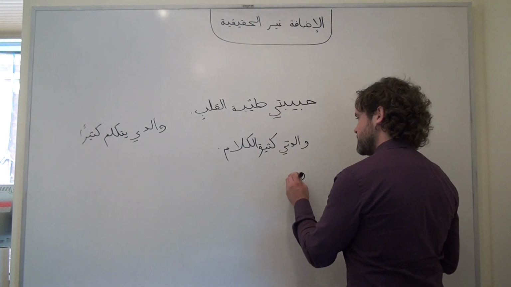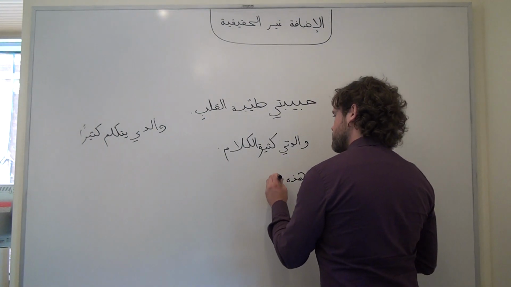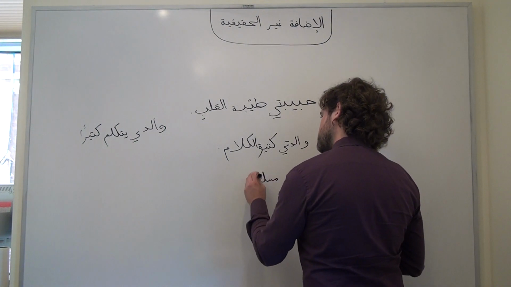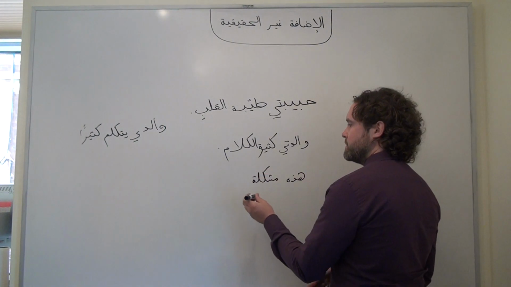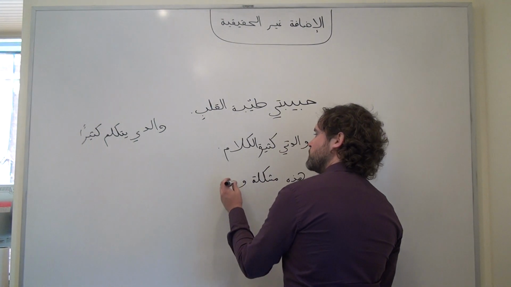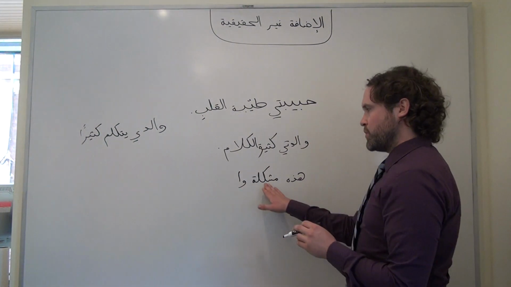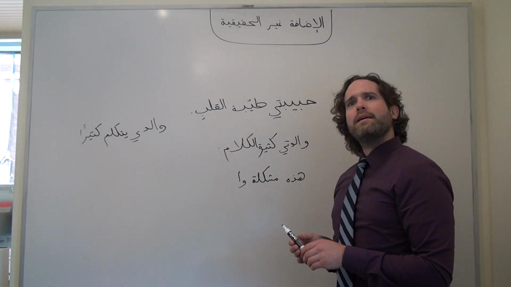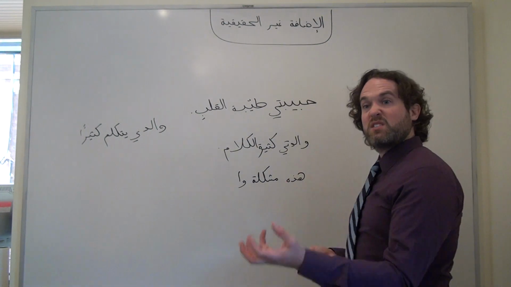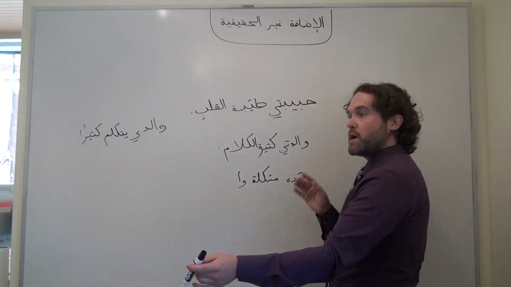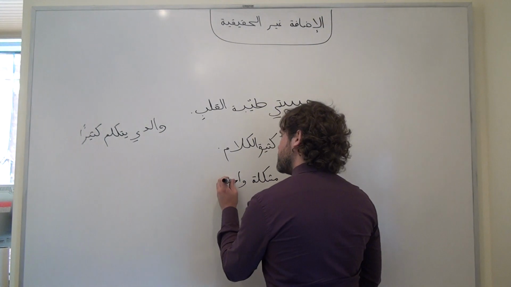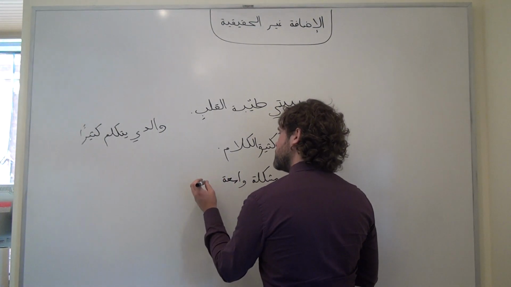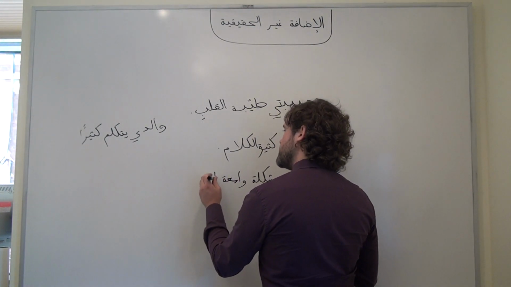Well, هذه مشكلة, and then we could describe the mushkila, the problem, as wide of spreading. We could use a masdar for being spread, and then we would wind up with واسعة الانتشار.